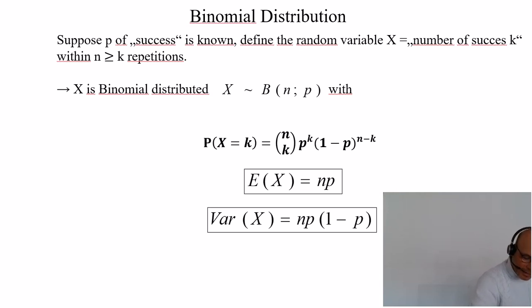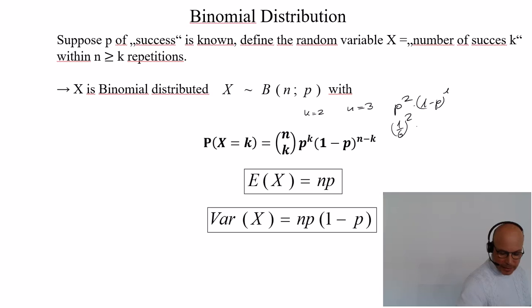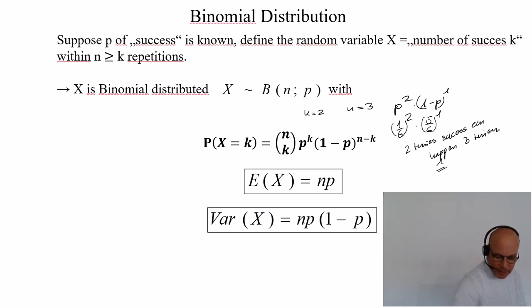So in my case, this would be k equals 2, n equals 3, p squared times 1 minus p to the power of 1, so 1/6 squared times 5 over 6 to the power of 1, and then 2 times success can happen 3 times, and this is of course 3 over 2, equals 3 factorial over 2 factorial times 3 minus 2 factorial, which is of course 3.